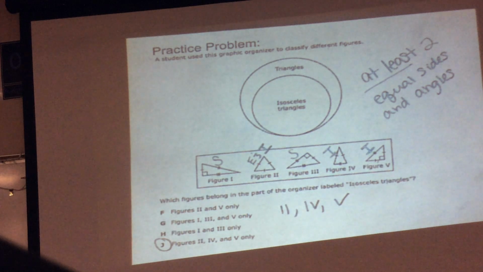And this was really missed a lot because they missed figure 2. Because you have to remember at least 2 equal sides. So that means an equilateral triangle is also isosceles. That at least 2 means it could be 2 or 3 equal sides. So the answer is going to be J.